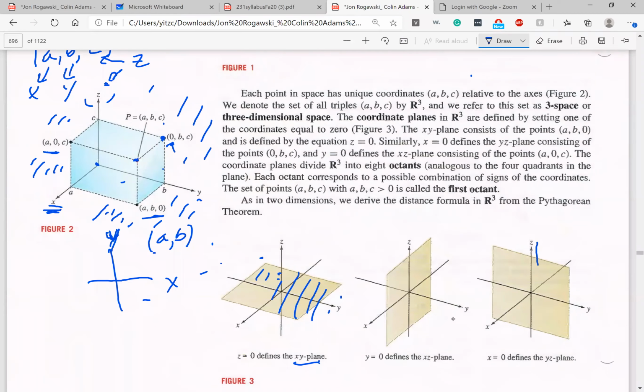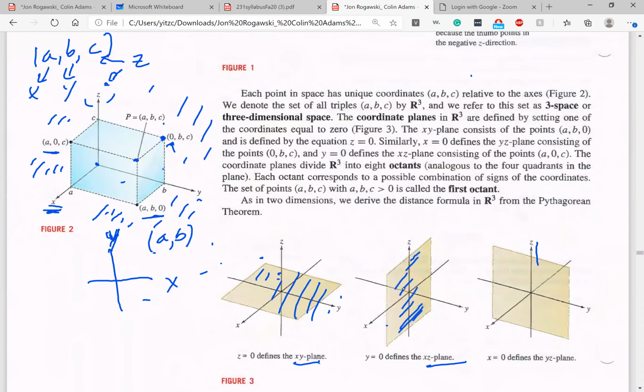Similarly, the XZ plane over here, so that's this plane, you get it when you set Y to be 0. So you crush this coordinate, and now you just have a plane. And the YZ plane is the plane that you get when you crush your x-axis, and you get this over here.